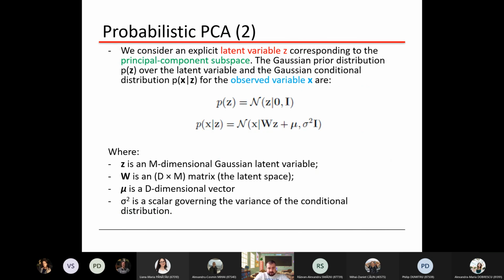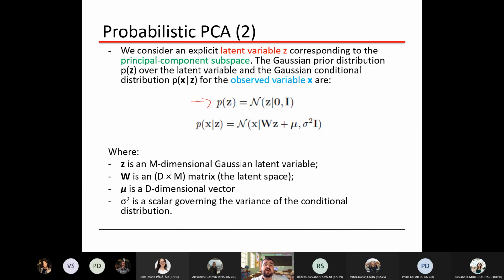And let's see how we deal with it. So first of all, we consider an explicit latent variable Z corresponding to the principal component subspace. And we said that we have a linear Gaussian dependence. So it means that Z will be Gaussian, just like the distribution in the original space. So we will have a Gaussian prior distribution P of Z over the latent space, with zero mean and identity covariance matrix.